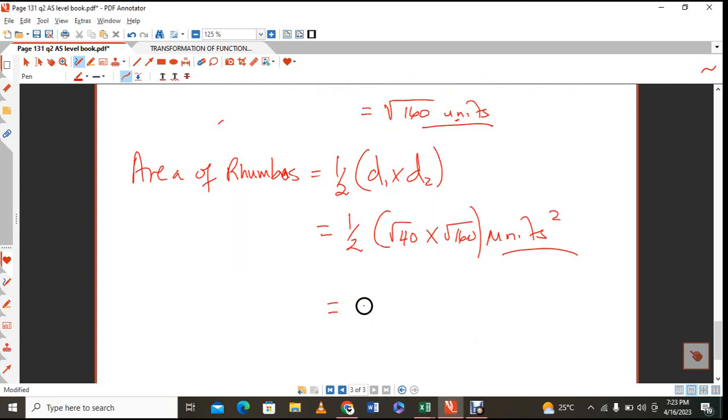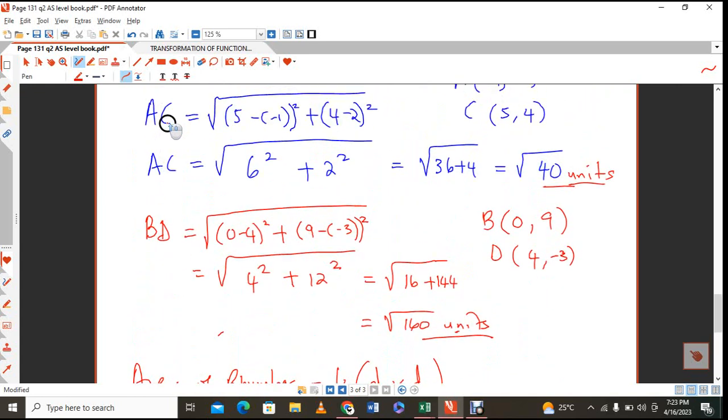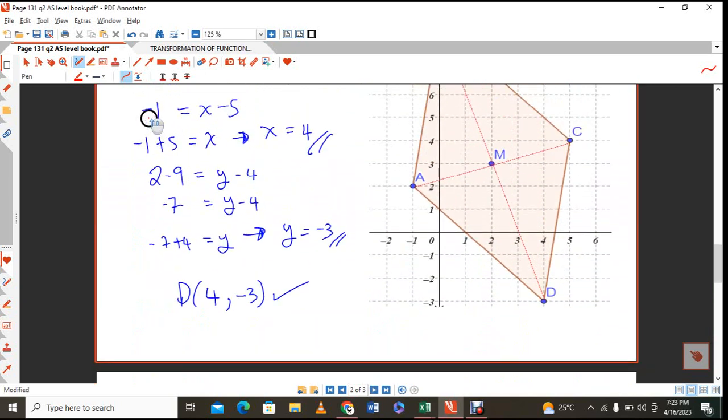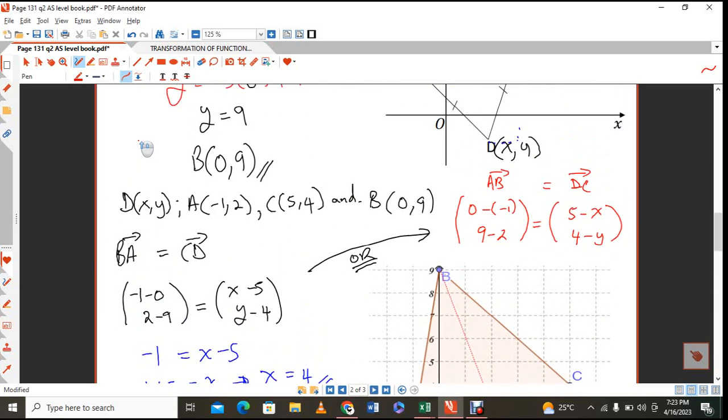So the answer will be 80 units squared. And that will be the area of the rhombus. Okay, interesting question. Please do try it on your own before you have a look at what I'm doing. Eventually, you should definitely get to the same answers.